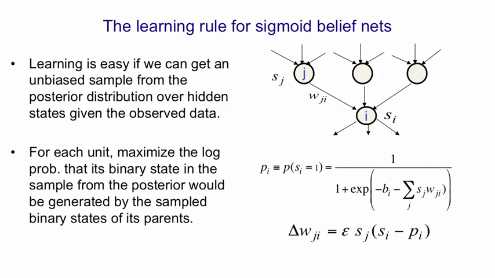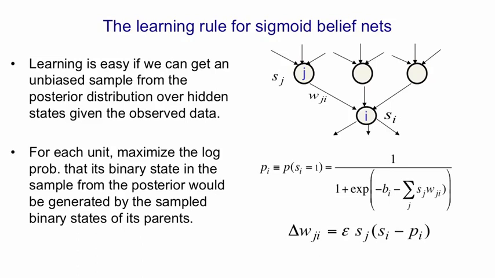And although I'm not going to derive it here, the maximum likelihood learning rule for the weight wji is simply to change it in proportion to the state of j times the difference between the binary state of i and the probability that the binary states of i's parents would turn it on.